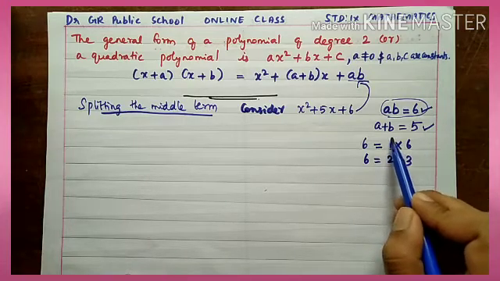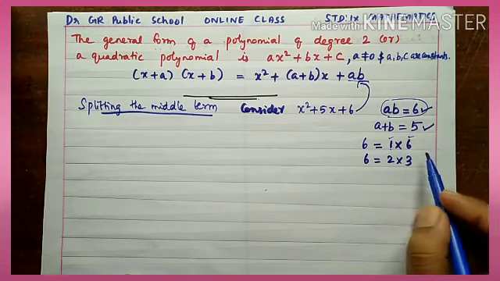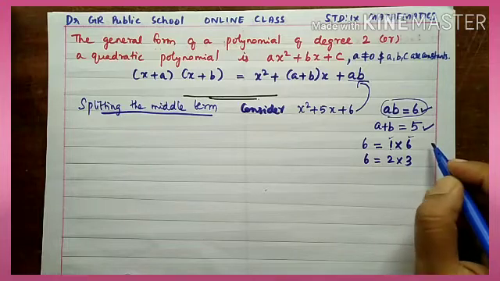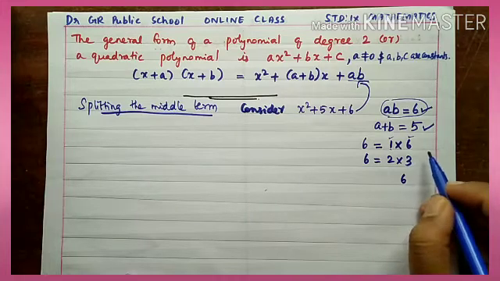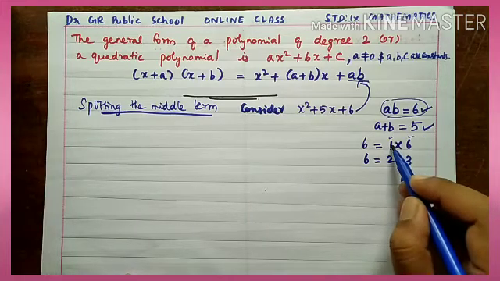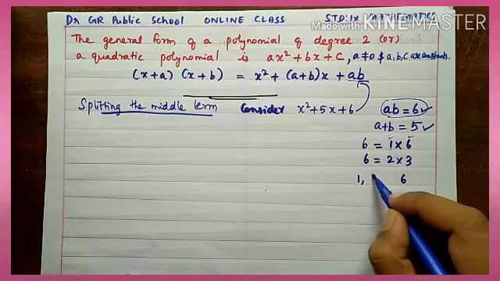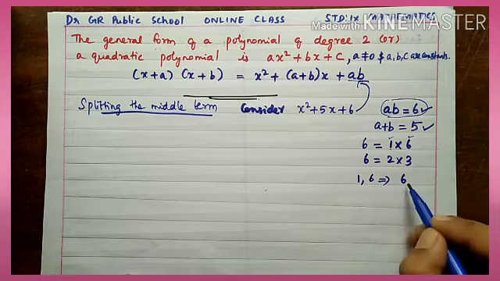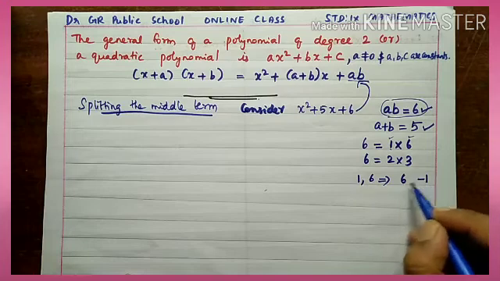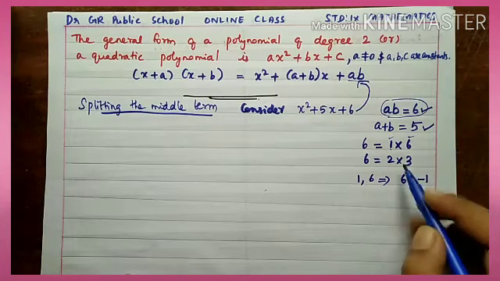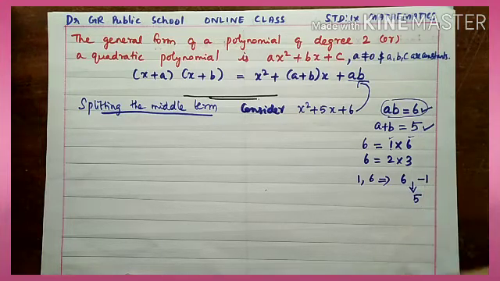So if you take this 1 and 6, can you get 5 here? Yes, of course, one chance is possible: if you take 6 and instead of 1, minus 1, when you add these two factors, do we get the sum 5? Yes, 6 minus 1 is 5.